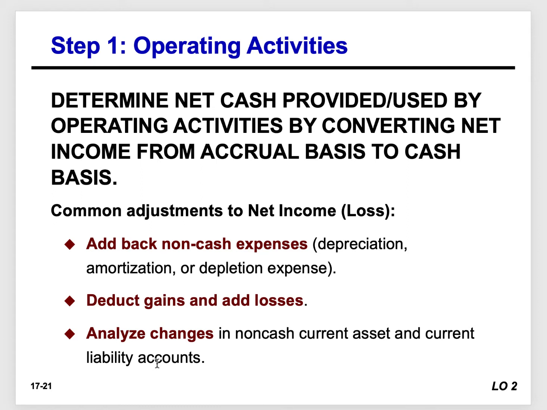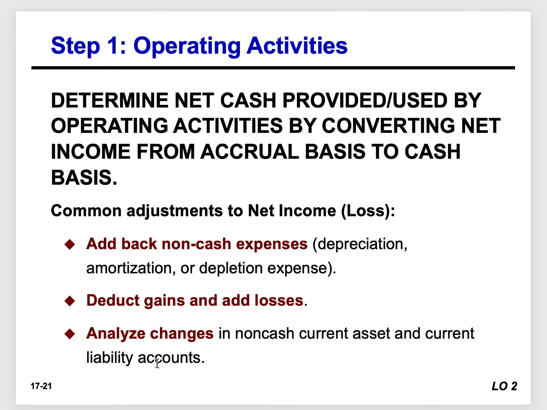The gain or loss is reported in the operating section, but that gain or loss really doesn't have cash flow. We use it in accrual to figure out what our net income is, but the cash flow really isn't there. We've already accounted for the cash flow in our investing activities. So that's number three.